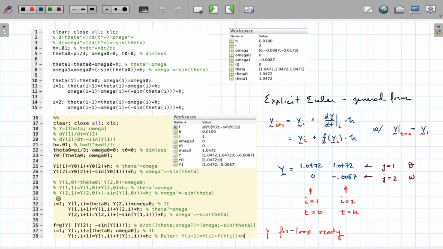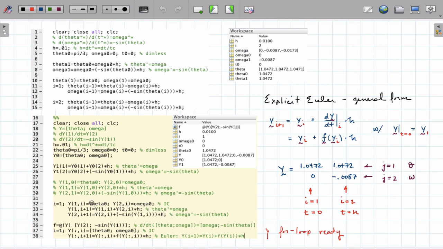Let's make it explicit. So if we set i equal to 1, i is our time stepping index. You can see that it shows up in the second spot. So at y1 of 1, at the initial i equal 1 moment, this is the theta value. y2 at i equals 1 is going to be the omega value at the initial condition. So we've set that up. And now we're going to write down our two differential equations once again.